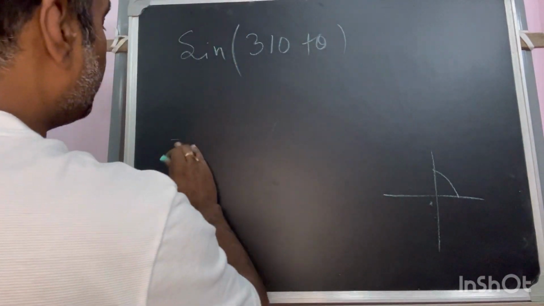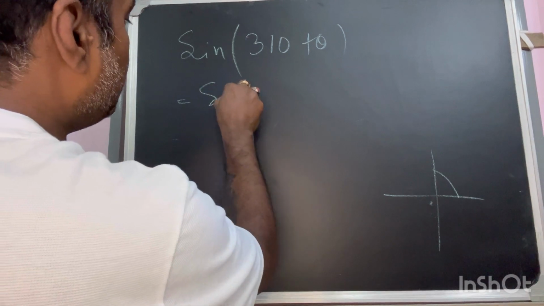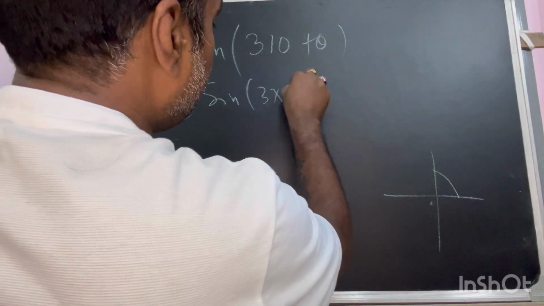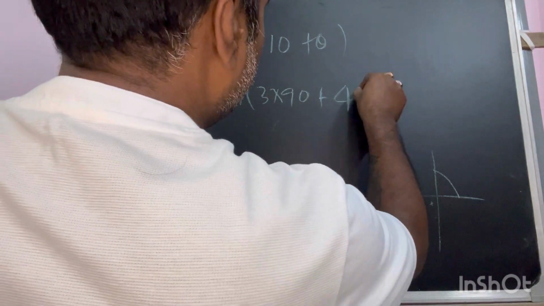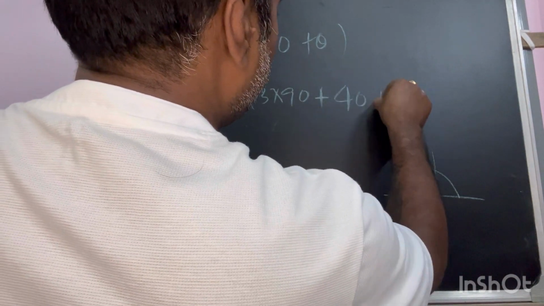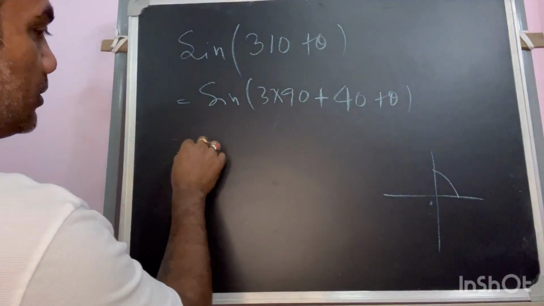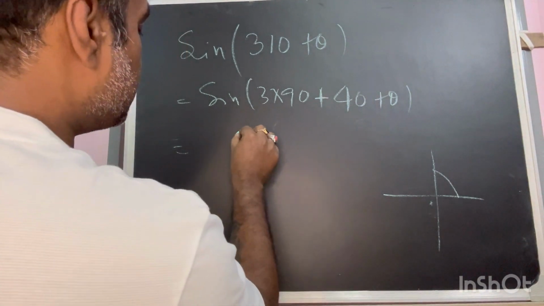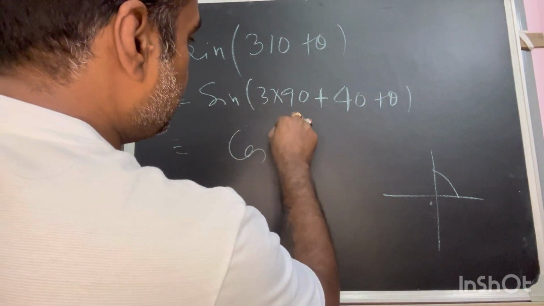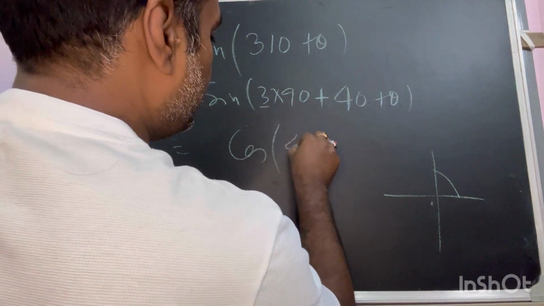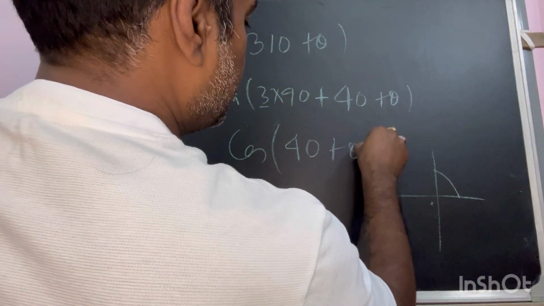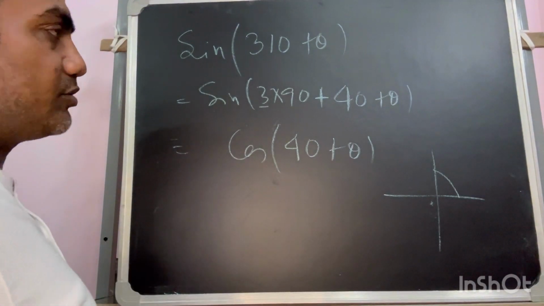So now this will be 3 into 90 plus how much, 40 plus theta. So now you can see the 3 will decide whether it is the change. It will definitely change because it is odd, so it will change into cos straightaway. Now you have to decide whether minus or plus will come.